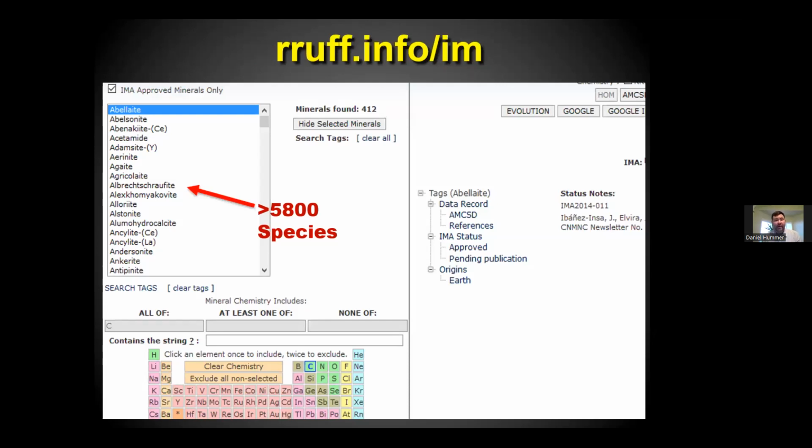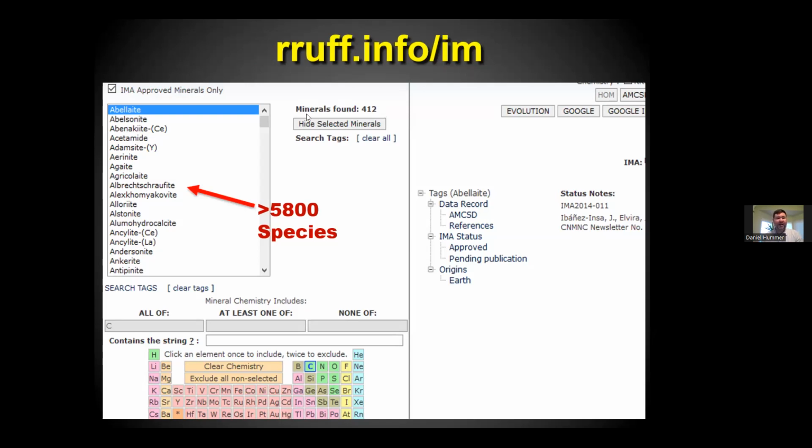So where do we get all of this mineral data? One of the key places that we get it is at this RRUFF website, rruff.info, which is housed at the University of Arizona. This is the one that Robert Downs created. And there's a website for it. You can go to it for free. Perhaps even a few of you already use it.